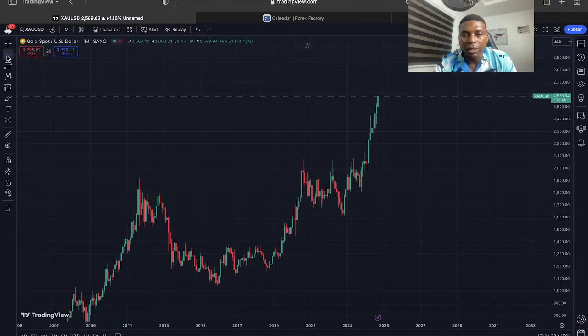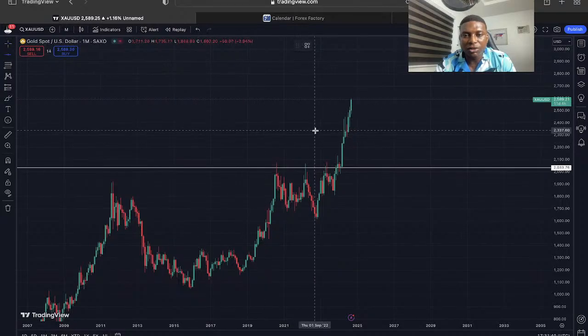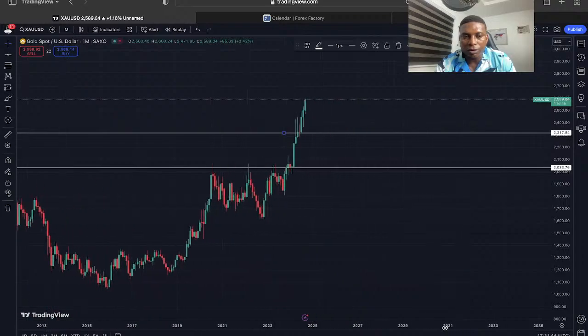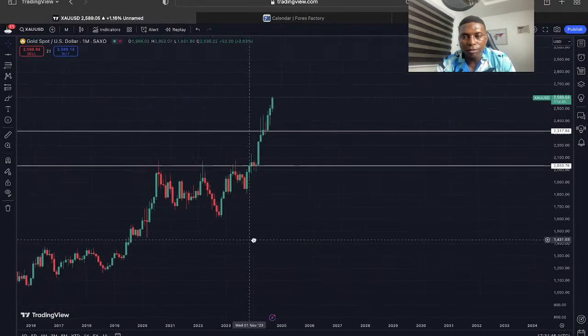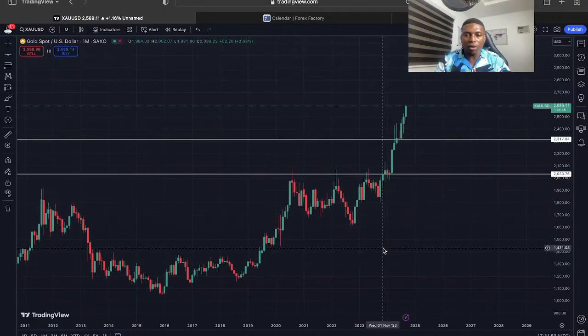But with some level of fundamentals and the macroeconomic environment, it is safe to say that gold is gaining momentum due to the macroeconomic environment.